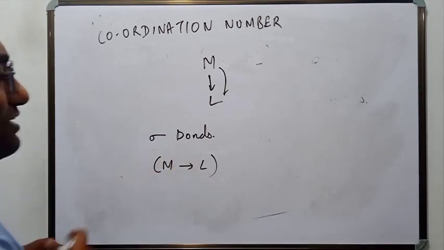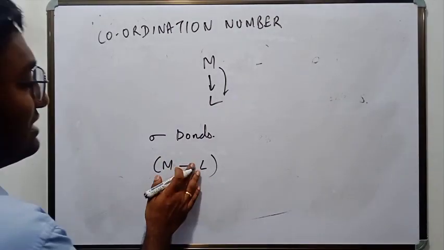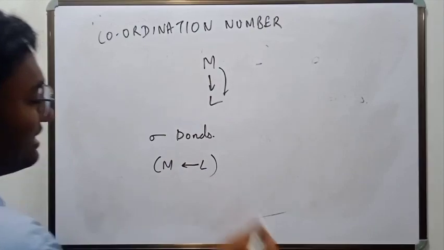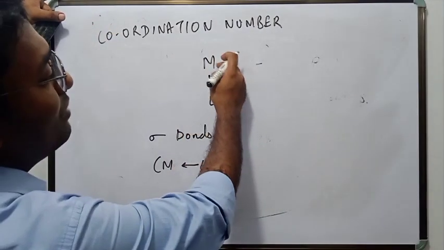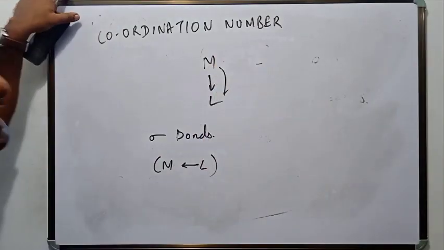If it is making 2, then the coordination number is 2. If with a single ligand it is making 2, then the coordination number is 2. So the total number of sigma bonds that the metal ion forms with the ligand, or the number of ligands that surround the metal ion, is called the coordination number.